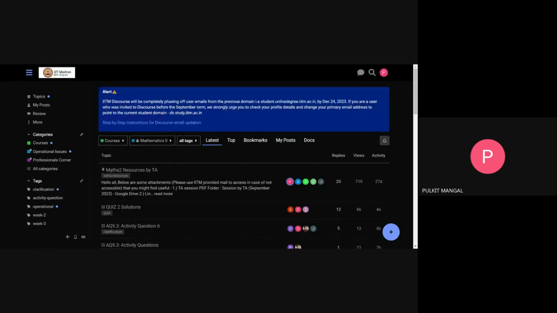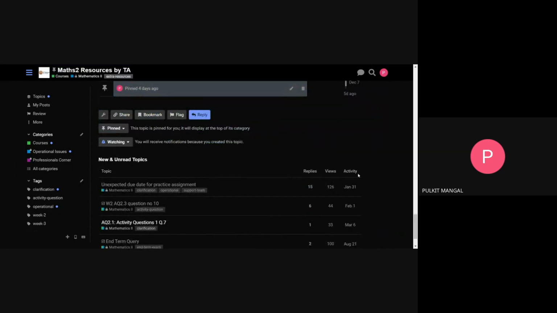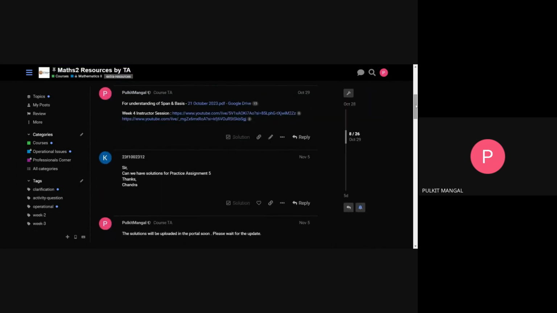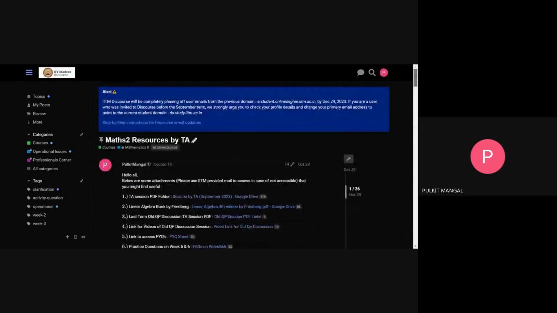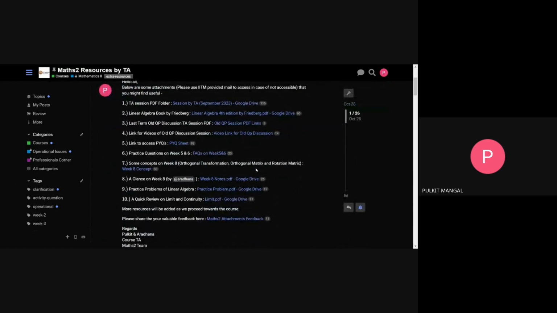Mostly it will be pinned. If it is not, you can always search the post using the search icon. The post name is Maths 2 resources by TA. Just go to the above post, the first one. There you will find some resources. In that, the first would be the TA session folder. This link I will give you here also, but you can always access it by logging in to your Discourse. Okay, sir. Thank you. This PDF will be uploaded here.